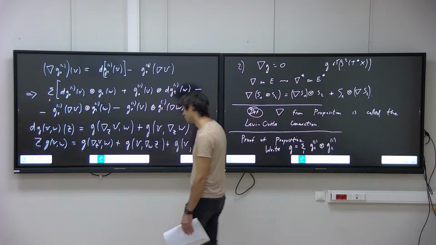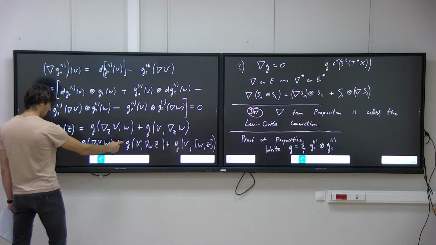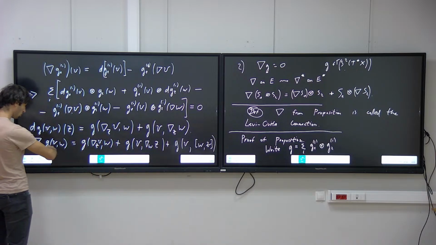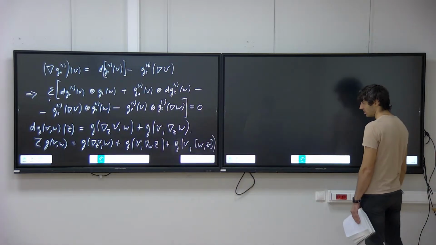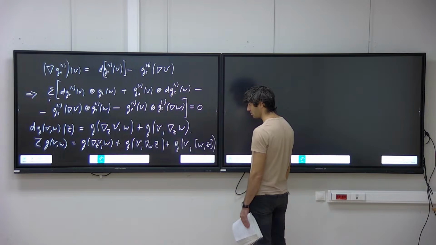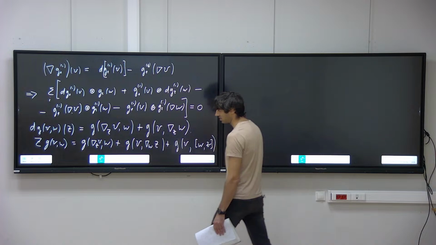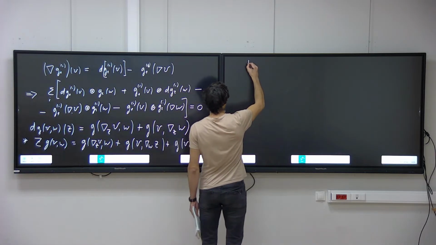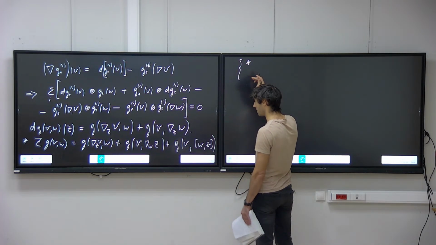Now what I do, I'm having nabla zv, nabla wz, and I would like to write 2 more such expressions, so I will have a system of 3 equations, star, and then I do a cyclic permutation.